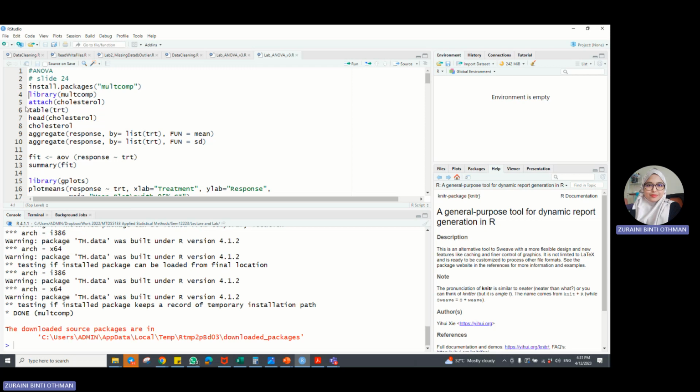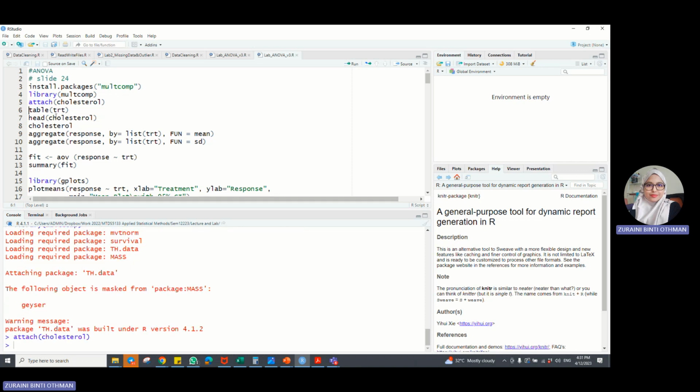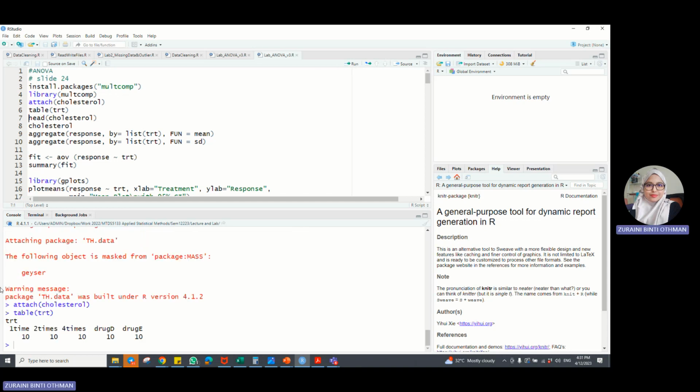After finishing the package install, let's run library multcomp and then attach the cholesterol data. Then the table of TRT.